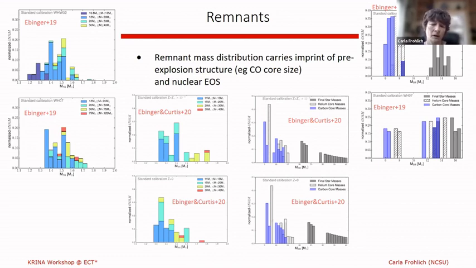While there's no unexpectedly large difference between different neutron star distributions, there are some differences, again depending on how they're calibrated and which equation of state and progenitor models you're using, what you set up. But basically, we can predict distributions of remnant masses that can be compared to observed distributions of these remnant masses.